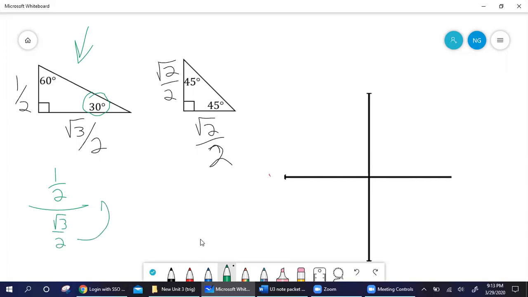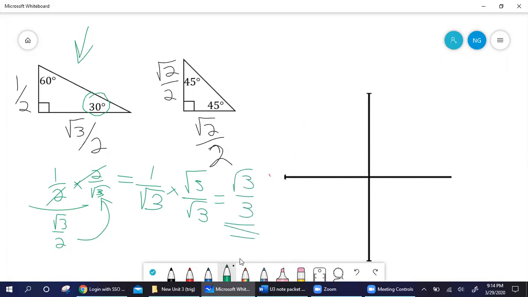If I multiply by the reciprocal of that, 2 over root 3, 2's cancel. That leaves me with 1 over root 3, which finally, if I rationalize it, times top and bottom by root 3, I end up with root 3 over 3, which is what I wanted.